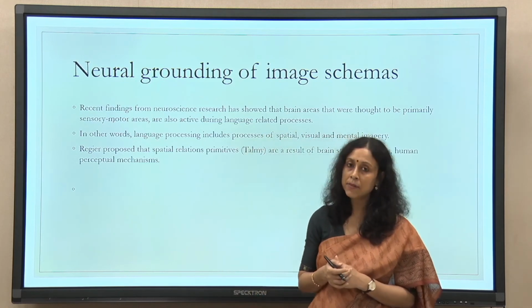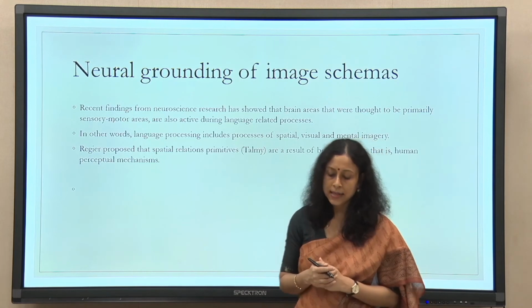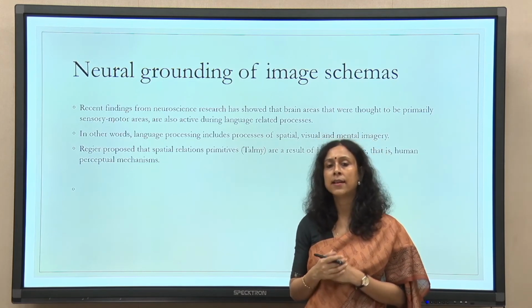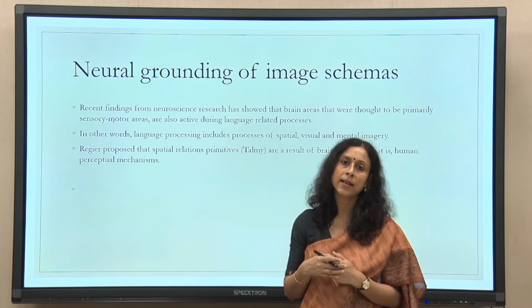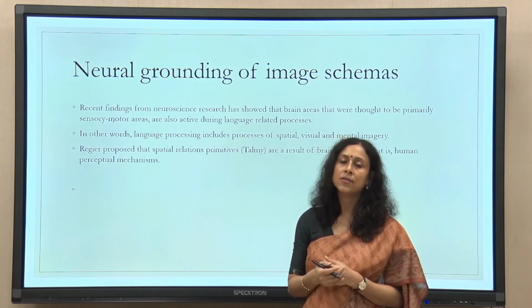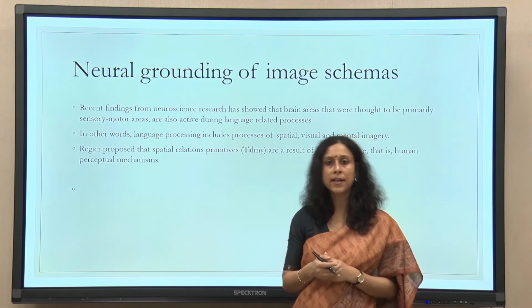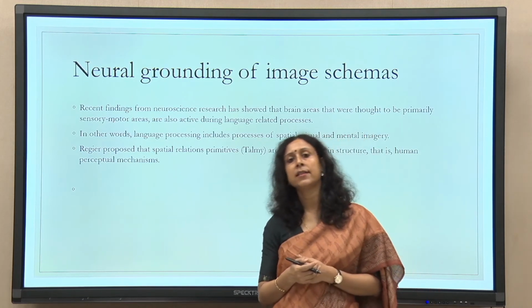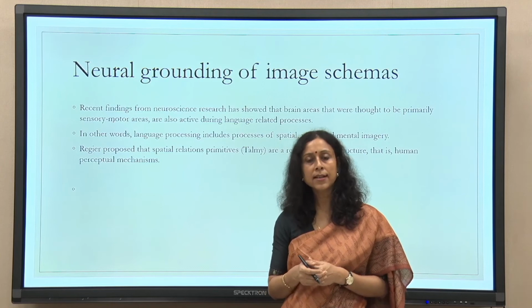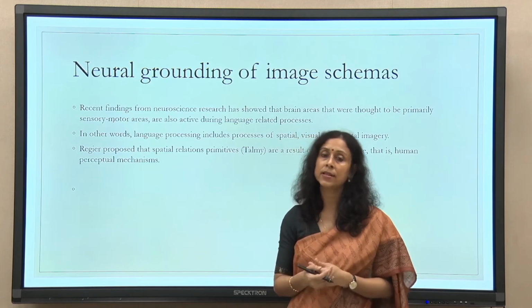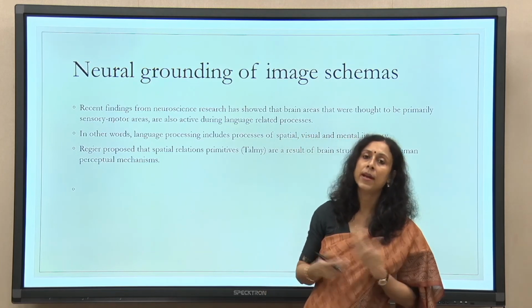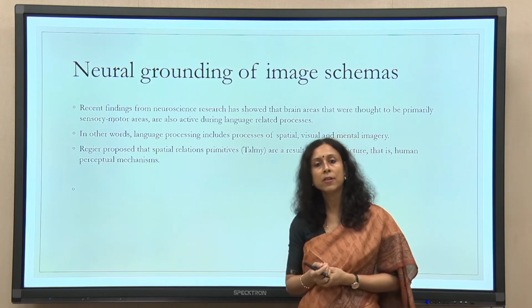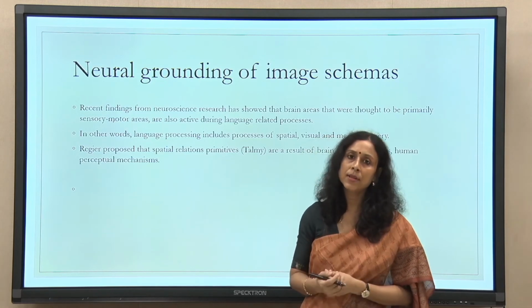This has been a remarkable finding in the last few decades, that the brain areas that are active when we are carrying out a language task are not only the language areas that we already know, like Broca's area and Wernicke's area and so on. Language areas are of course getting activated, but simultaneously we also activate many other brain regions even when processing a very simple sentence.